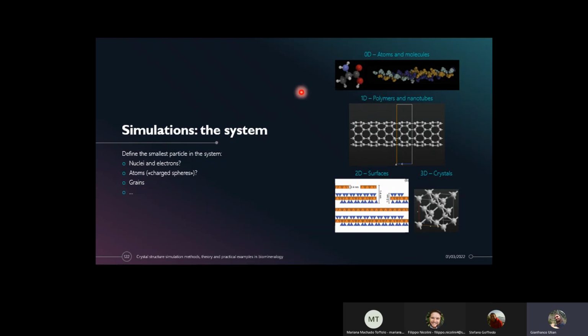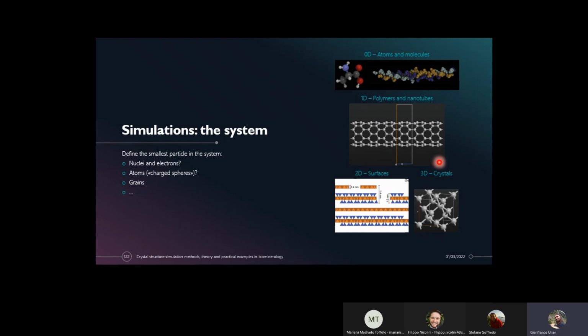In atomic scale modeling, we can distinguish between zero-dimensional systems such as small molecules and macromolecules, polymers, nanotubes, surfaces, and crystals. To describe a mineral from a quantum mechanical point of view, the simple system that describes all of your material, all your mineral, is the unit cell.